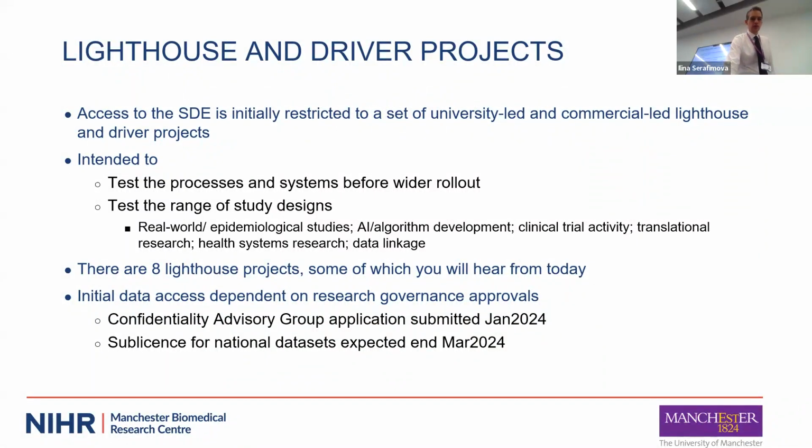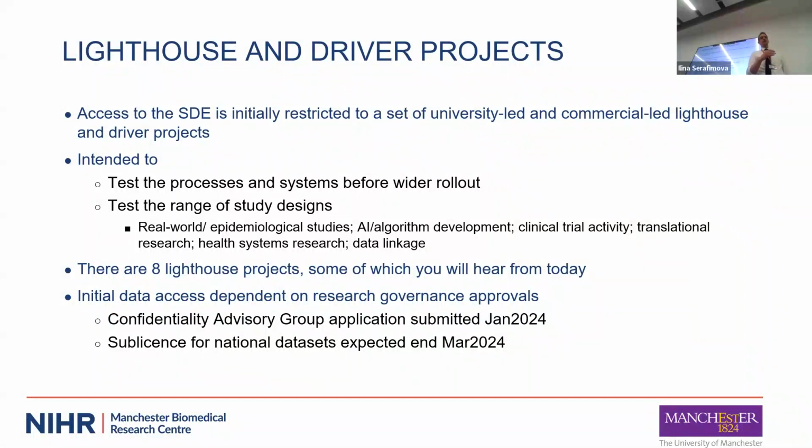So test the process and systems for wider rollout, we've said, test the range of study designs. And to do this, we've had to make progress in the overall mission of all the things that we've got to do to put them in place. A confidentiality advisory group application was submitted in January, and that's making good progress. So this is the ethics and governance to allow us to analyze routinely collected data, sometimes with linkage, where the patients haven't consented.